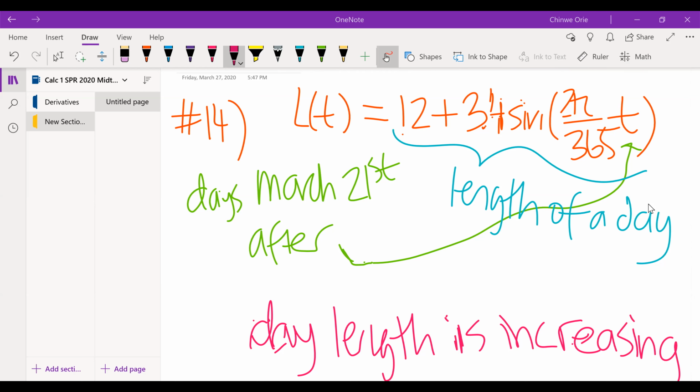So let's try that now. You've got 2 pi times 11, because 11 days is April 1. April 1 is more days, so you have to start there. 2 pi times 11 divided by 365, and then you take the sine of that, times 3.4.